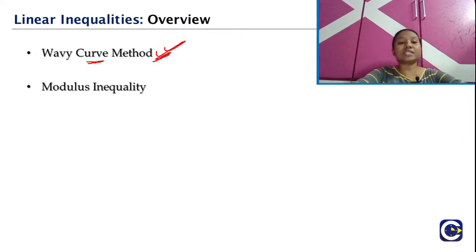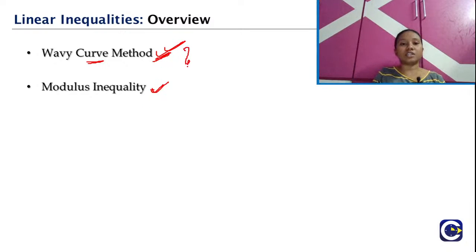Along with this, we have even discussed the modulus inequality. We have seen the working method specifically for the modulus inequality, and we have solved questions with respect to it.